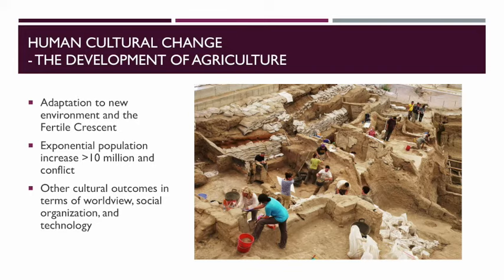So in the photograph here, you have one of the first human cities or human fixed settlements where humans are living off of domesticated plants and animals. And this is in Turkey, in a site known as Çatalhöyük.